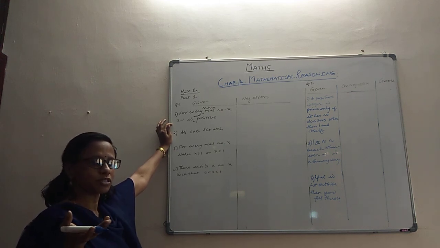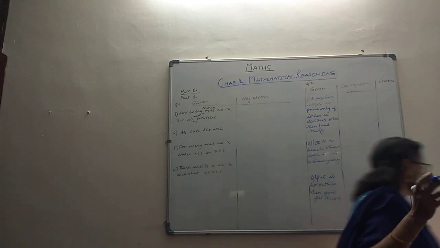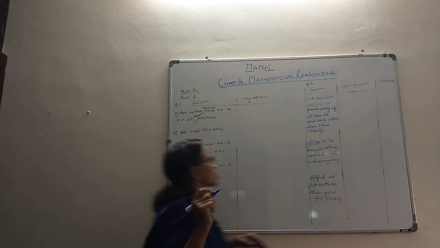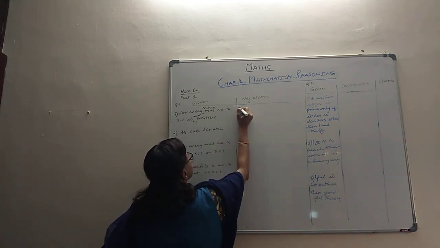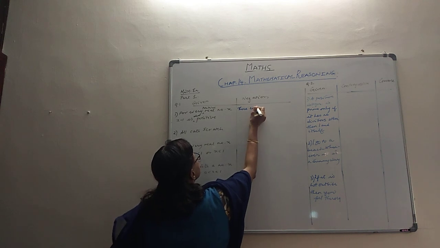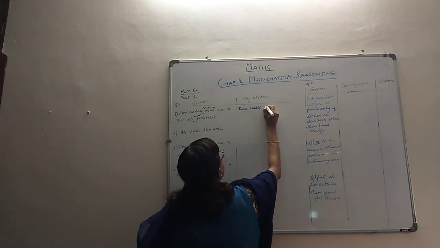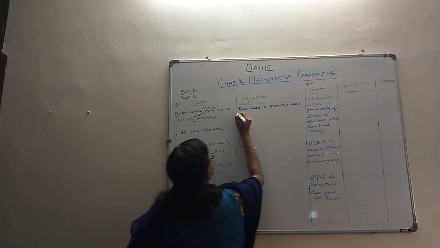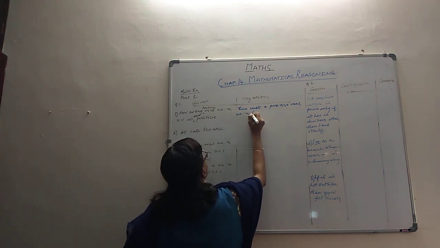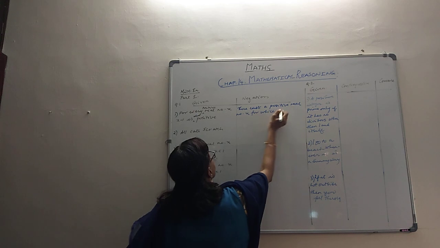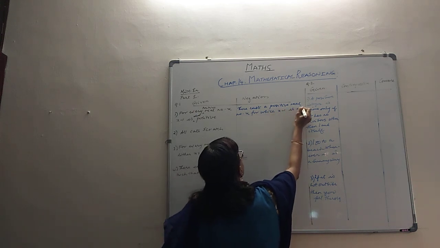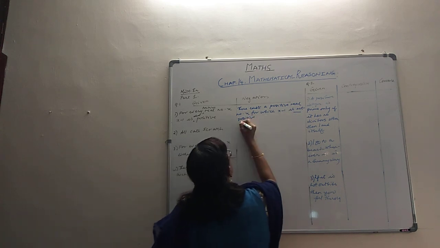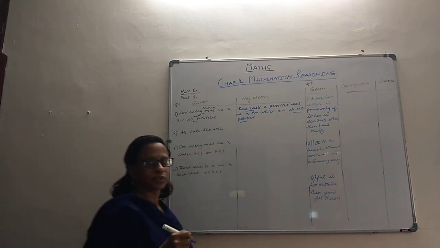For every x, x minus 1 is positive, so we will take it the other way around. Everywhere it was positive, but here it is not. So 'not positive' and 'there exists' are the highlighting words over here.